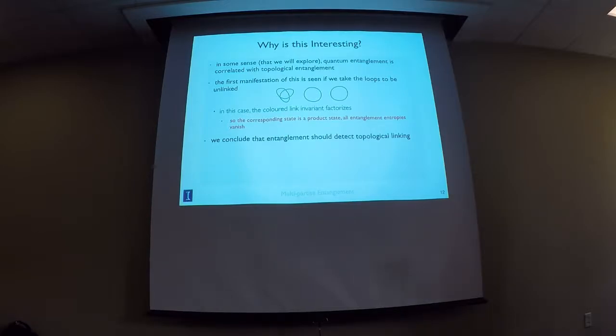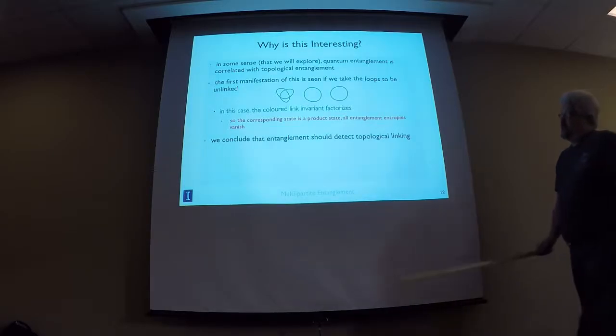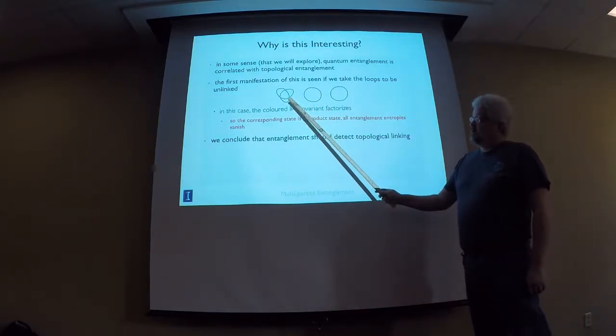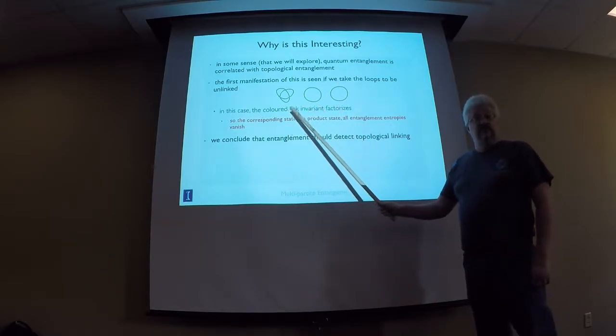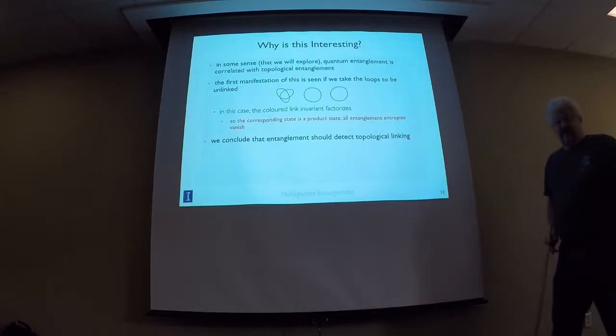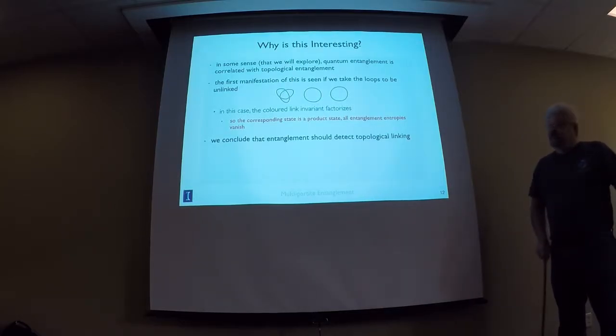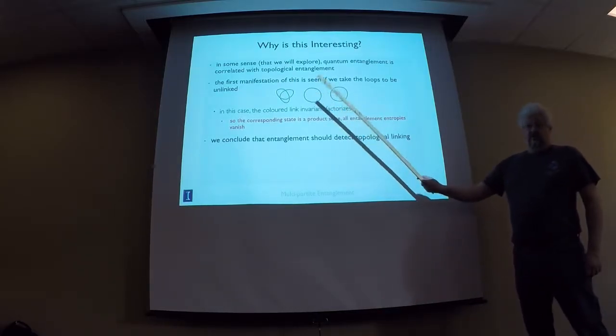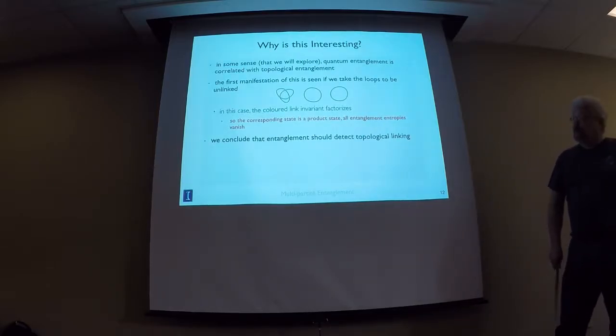Okay, the simplest thing that you can say is that if you take the link to be the unlink, this is maybe the case where you're most happy, right, because now you don't have the components of the link linked at all.